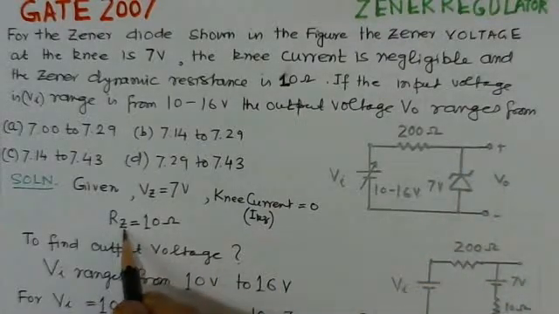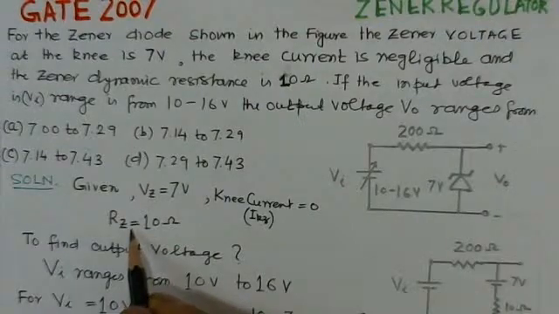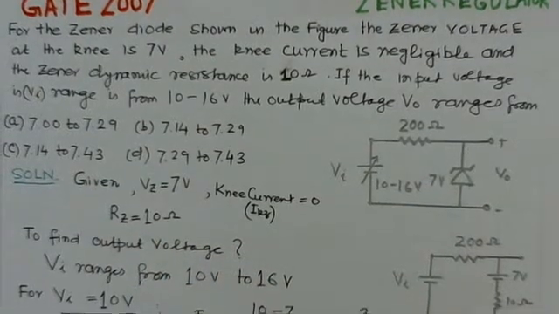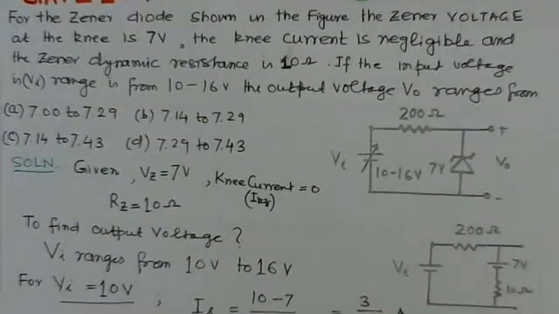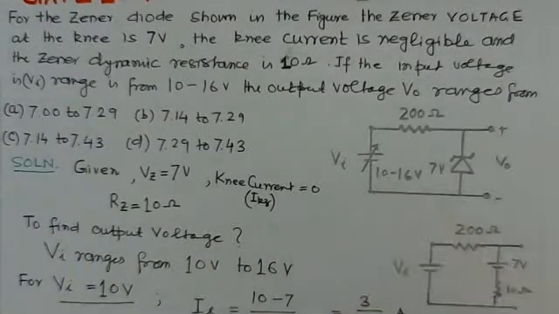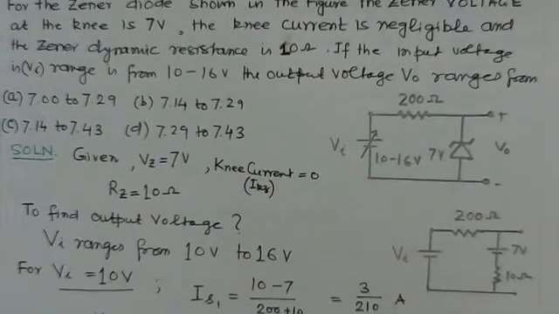But the equivalent circuit of the Zener also has a dynamic resistance of 10 ohms. That means the equivalent circuit will have 10 ohms of resistance in series with the voltage source. Then we have to find the output voltage for these two variations, one is 10 volts, the other is 16 volts.